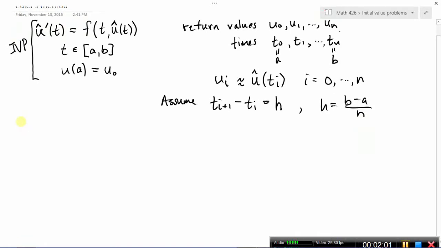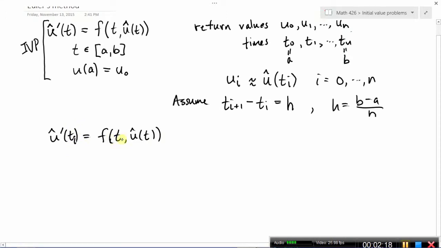Okay, so with that, we will look at our differential equation once more. And the strategy is going to be to replace the derivative with a finite difference. So let's just evaluate the exact solution at time ti. Okay, so we'll use a finite difference here. And then our solution will no longer be exact.